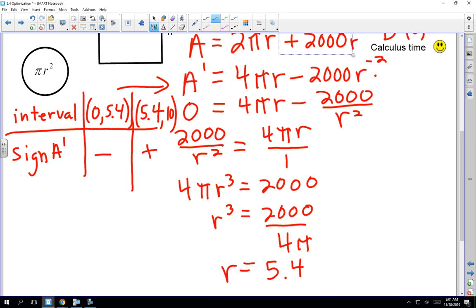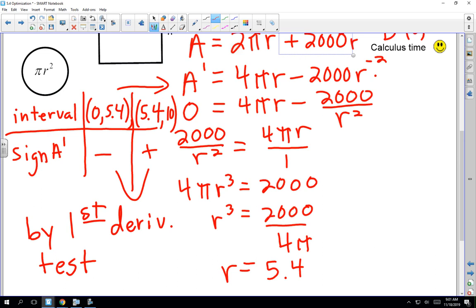So A is going from negative to positive, and by the first derivative test, R equals 5.4 is a min.